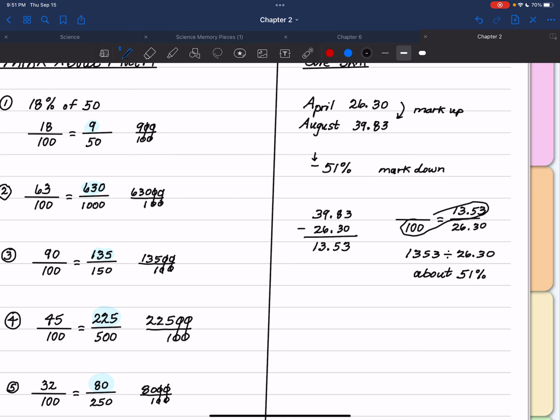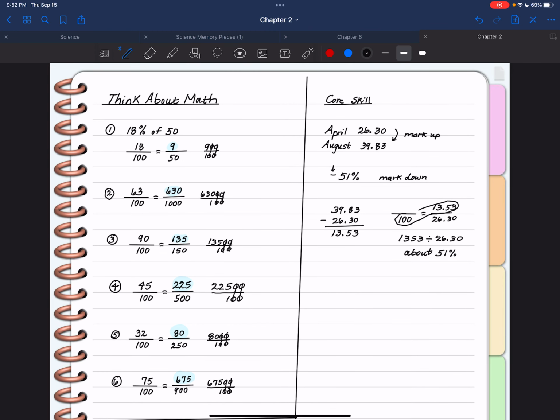So the person did the math right. They just have the wrong sign on that number. So the actual answer is a positive 51%. It's an increase of 51%, not a decrease. Okay, that's the end of page 57.